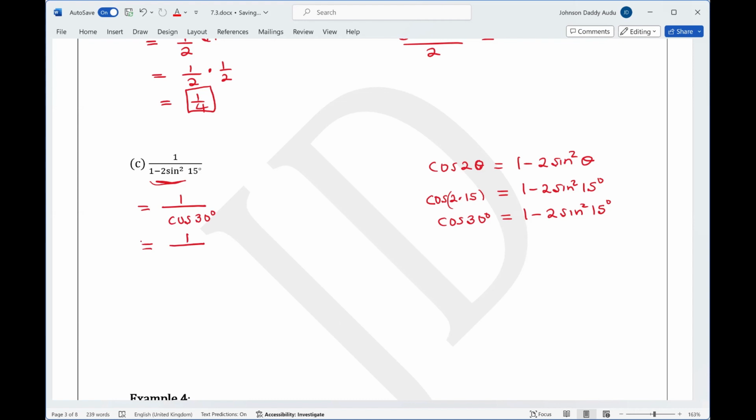Cosine of 30 degrees is root 3 over what? Root 3 over 2, right? So everything here is just going to be 2 over root 3, which we can rationalize so that it becomes 2 root 3 over 3. All right.